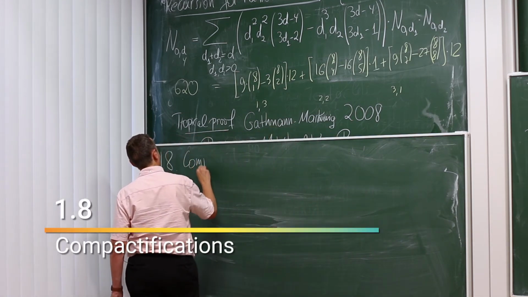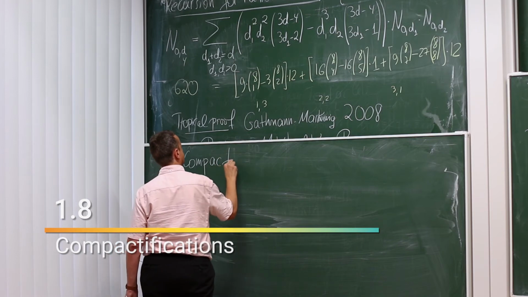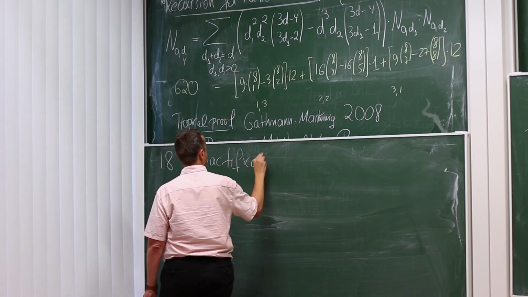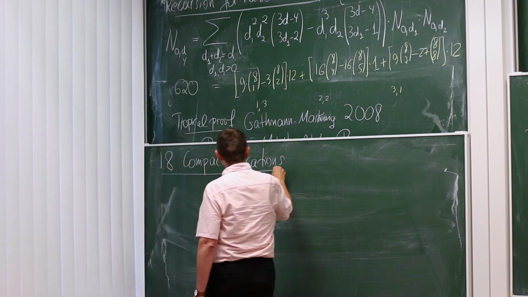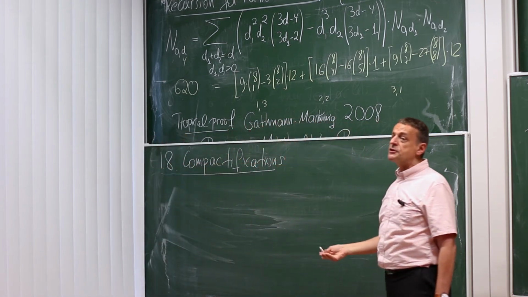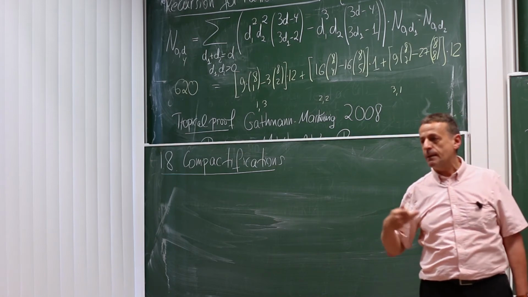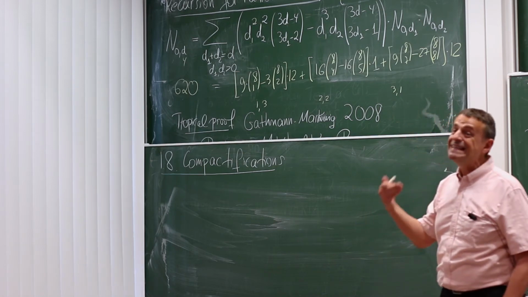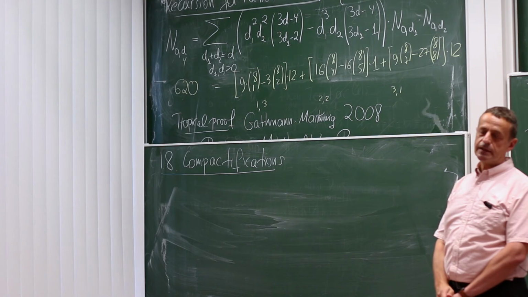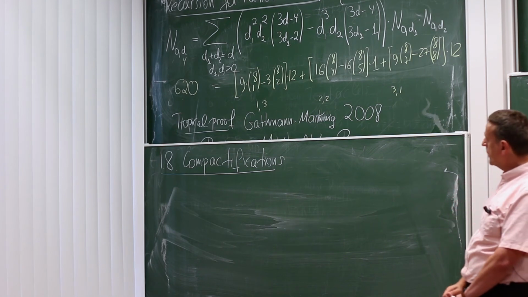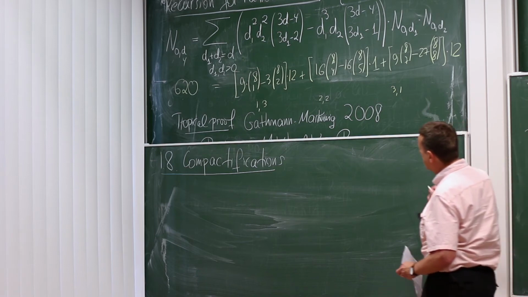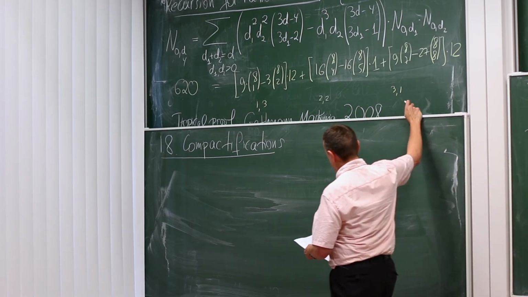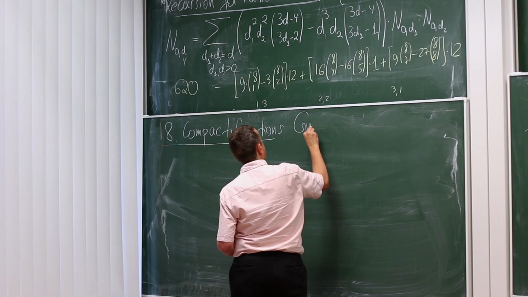1.8 is called Compactifications. So this gives you a glimpse, a tropical chapter 1 glimpse, of a subject that's being developed in detail in chapter 6. So again, in the very end, we're going to come back to this, but I'll just give you the basic idea of compactifications. So suppose you're given a variety.